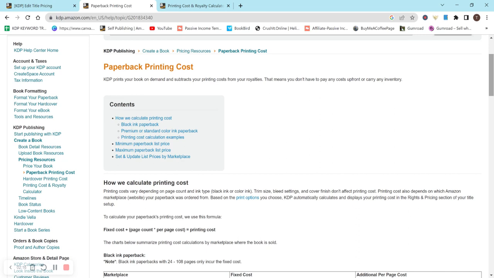So you most likely don't have to pay as much to Amazon. Obviously, they're still going to be taking some sort of pay from that, and it may be the 60%. I'm not 100% certain, I'd have to look that up, but you don't actually have to pay a printing cost, so that's going to cut down on the amount of money that gets taken out of your profits.